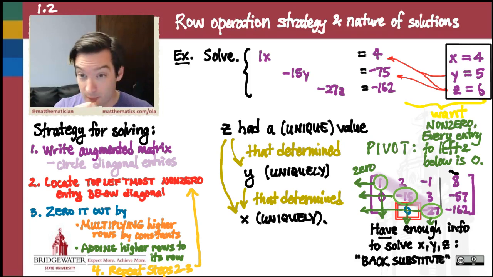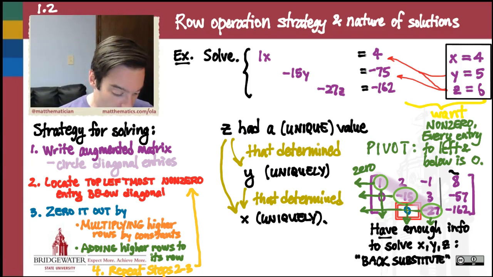So once everything below the diagonal has been wiped out, we can identify these pivot positions, the non-zero entries, for which every entry to the left and underneath is equal to 0. And in this particular system, all three columns have pivots in them.